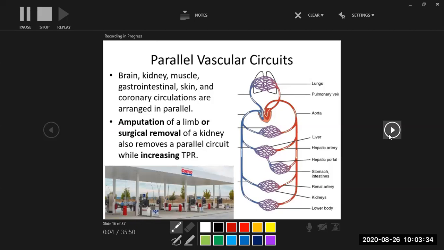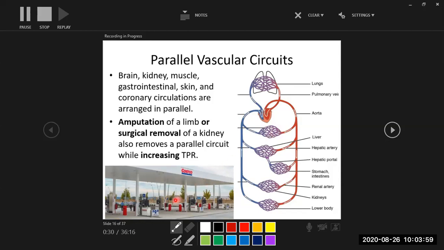Another thing you need to know is that because all this blood supply to tissues and organs is connected in parallel, amputation or surgical removal of an organ will increase the TPR and cause the blood pressure to increase, okay?